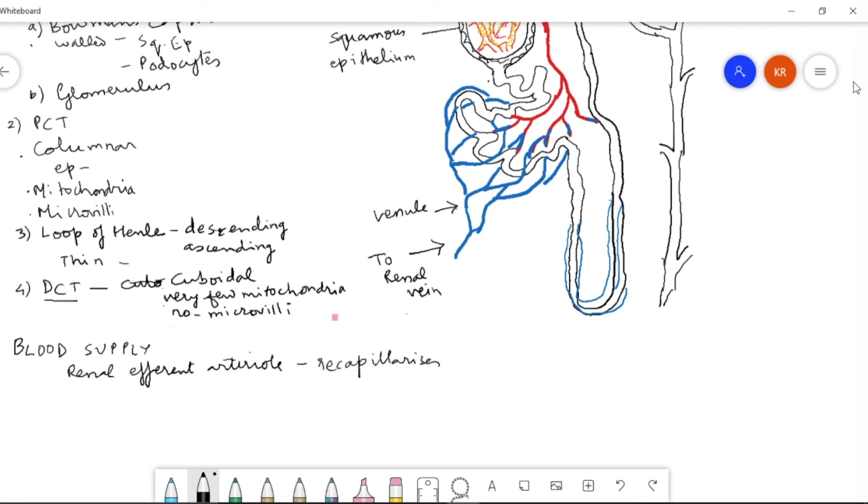So this is the second bed of capillaries. What does it do? Where do the capillaries go? All around the tubules. Mainly the PCT. Mainly into the PCT here, completely going all around the proximal convoluted tubule.